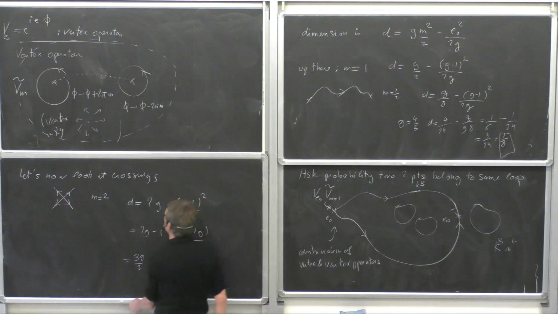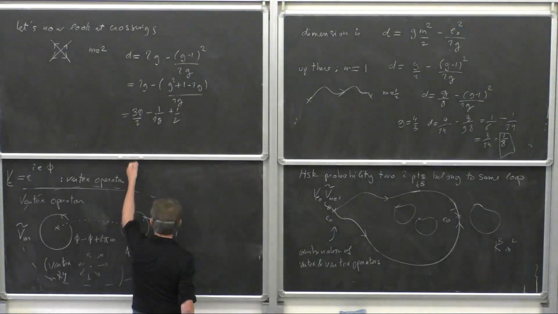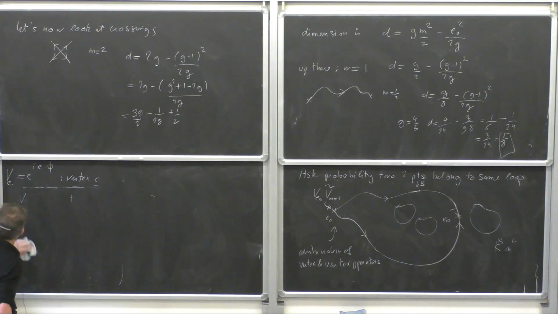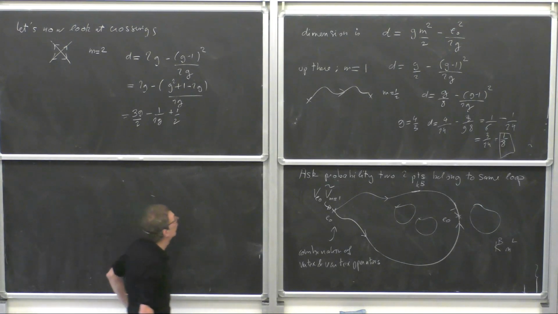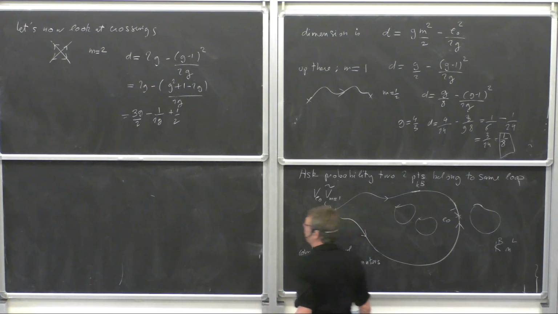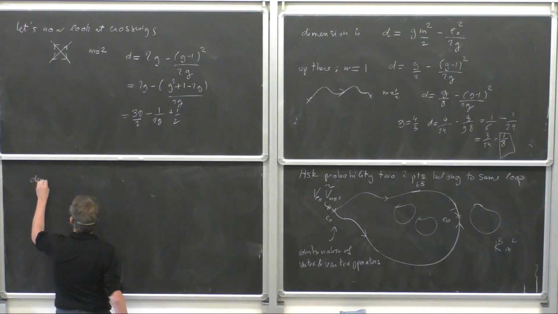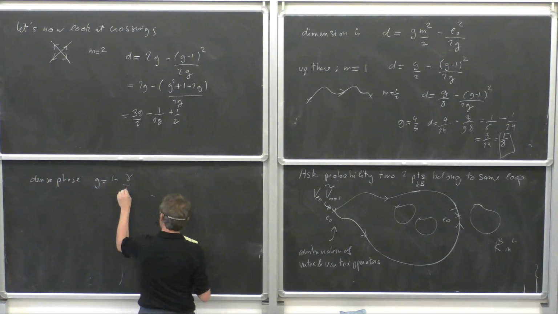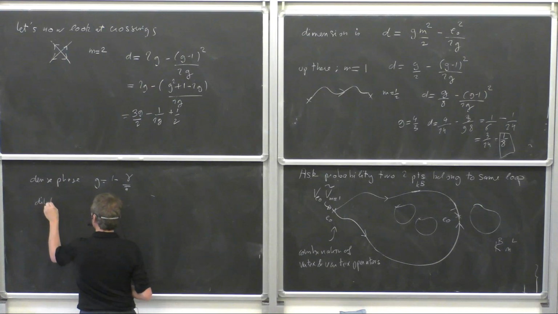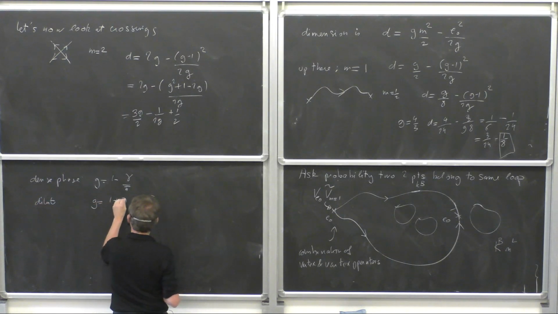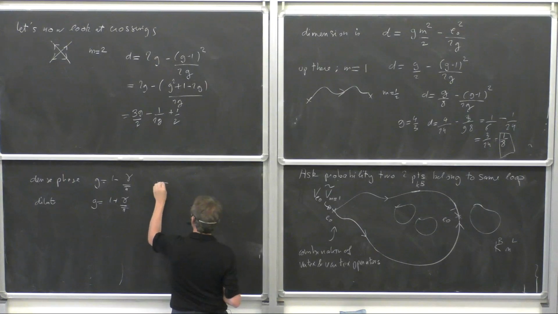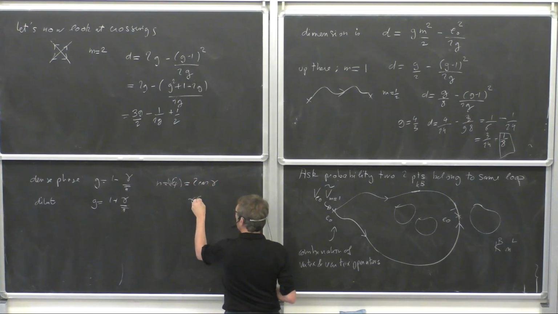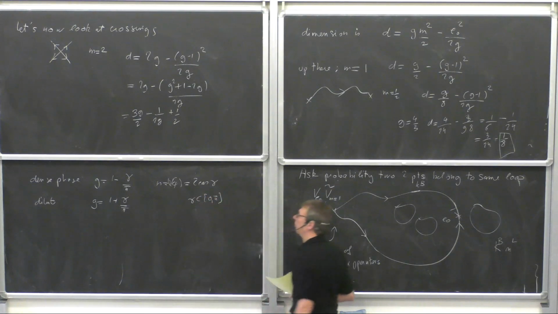And now I want to ask myself, what is this dimension in the different phases? So remember, we had dense phase, G was 1 minus gamma over pi, and dilute phase G was 1 plus gamma over pi, where n is square root of q, some if it's positive at least is 2 cosine gamma, and gamma belongs to 0 pi. Okay?